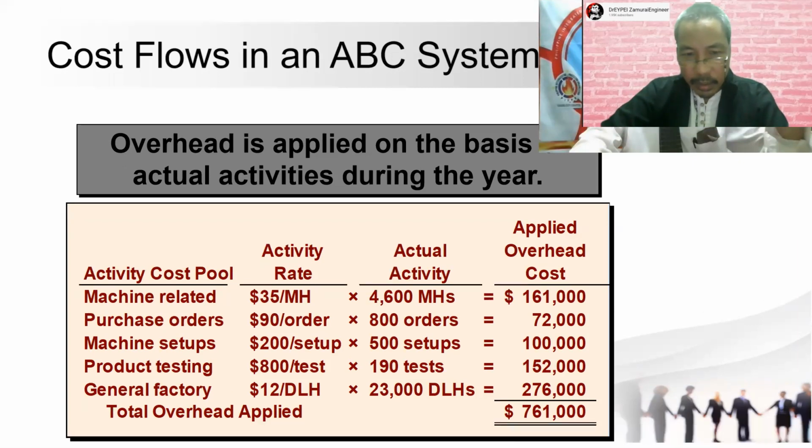The fourth one is 160 tests. Imagine, there are only 160 tests for the whole year. There are so many products that we produced the whole year, but there are only 160 tests.